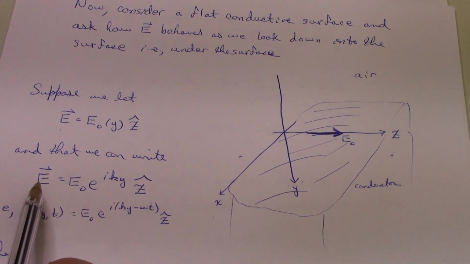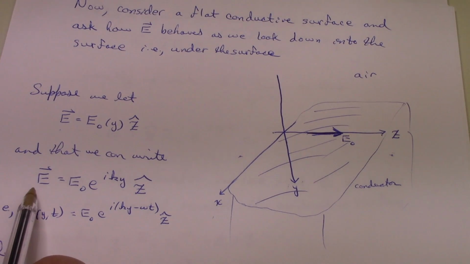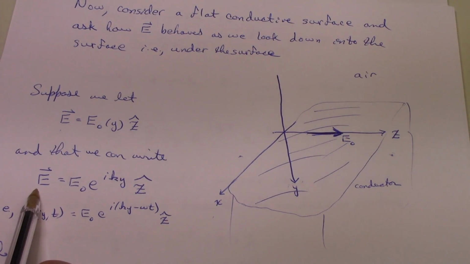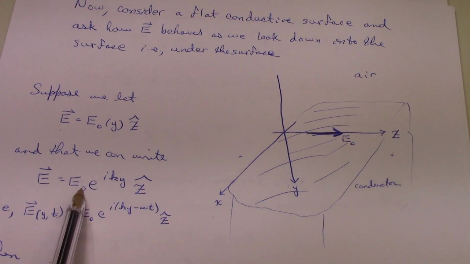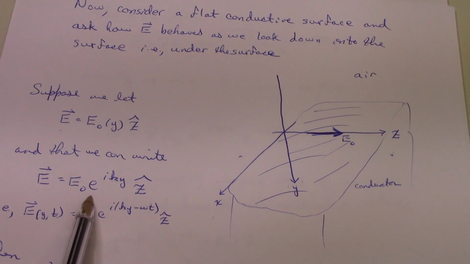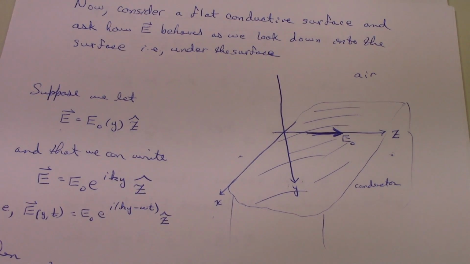So what we're going to do now is assume that the solution of the differential equation can be written in the form of E0, and the spatial dependence will be another oscillating function, an exponential, e to the iky, and again times z hat.